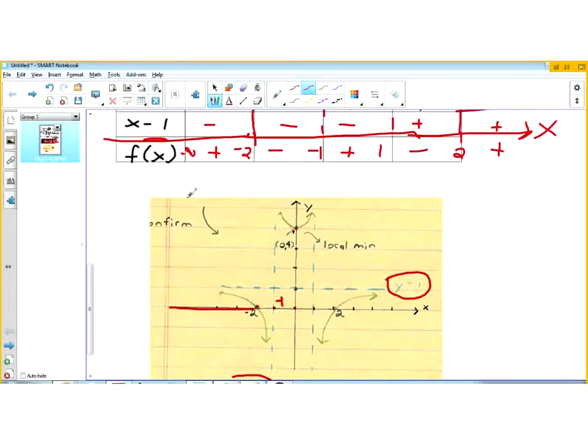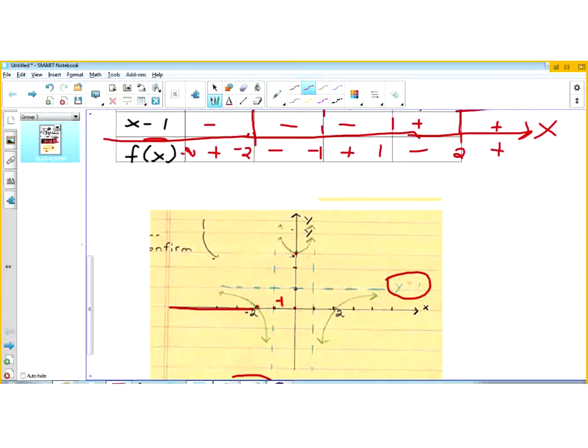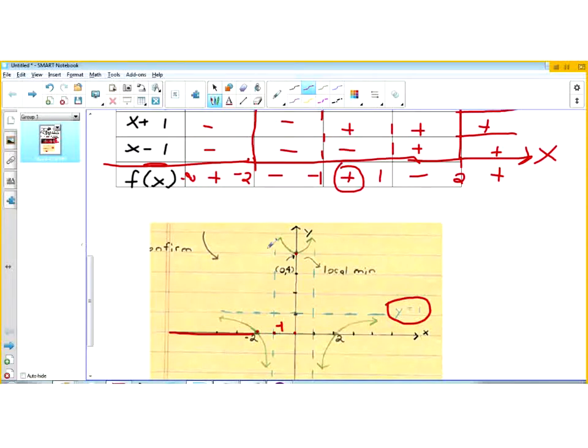Okay, so what happens between negative 1 and 1? Well, look, we're above the x-axis. And we also have to be asymptotic with these two vertical asymptotes, right? And so this is the only kind of curve that meets the criteria. It hits (0, 4), and it's asymptotic with the vertical asymptotes, and it's above the x-axis.